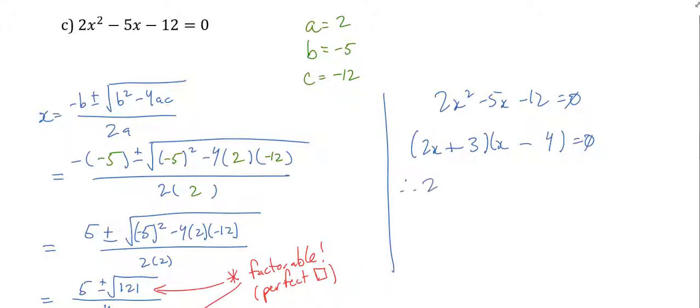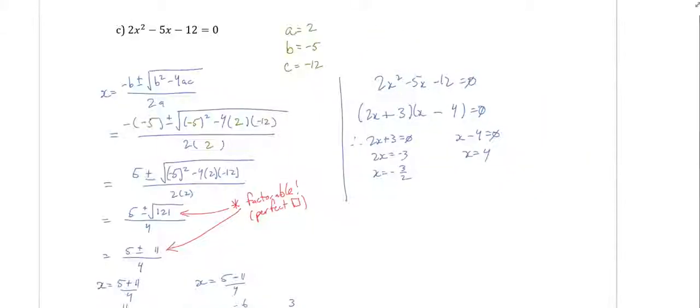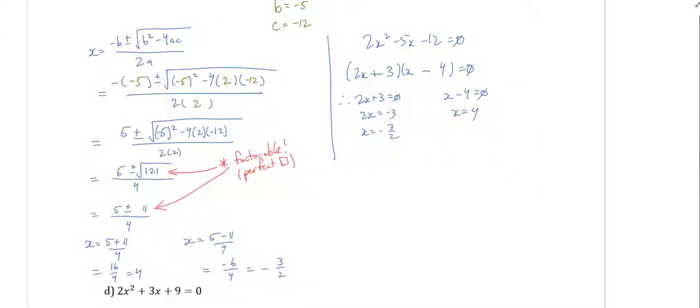Therefore, 2x plus 3 is 0. 2x is negative 3, and x is negative 3 over 2. This looks familiar, right? Same two answers, but quite a bit less writing and less work to factor. Okay? Any questions on that?